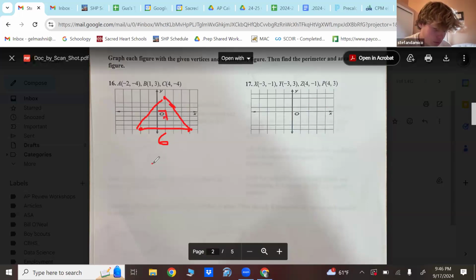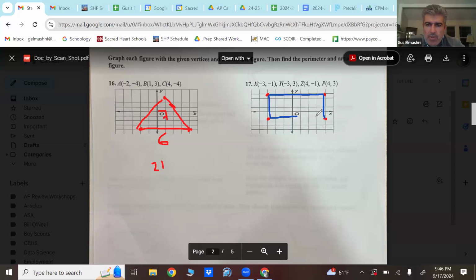So you get 21. So those are not so hard, right? You just got to plot the points and you realize, from 3 to -1, that's 4. From -3 to 4, that's 7. So you get 28.